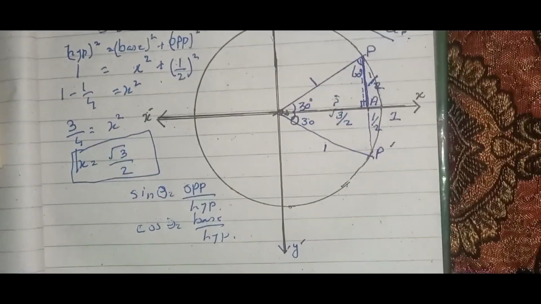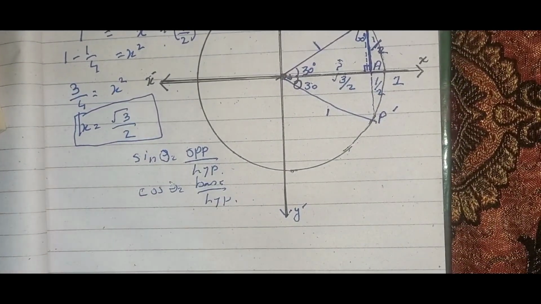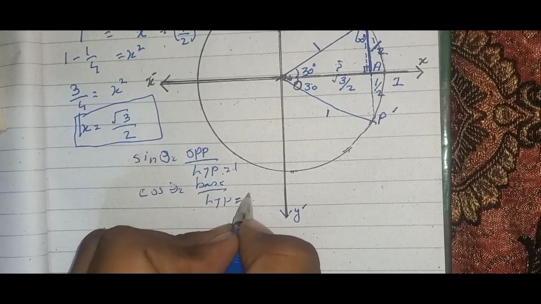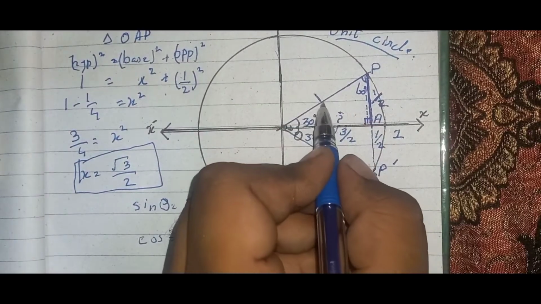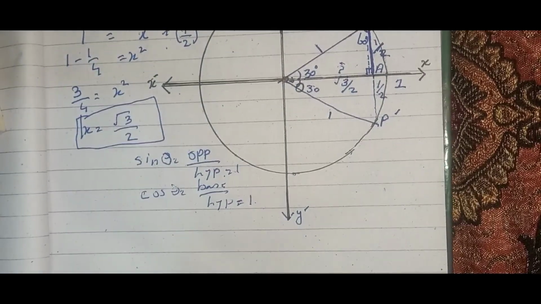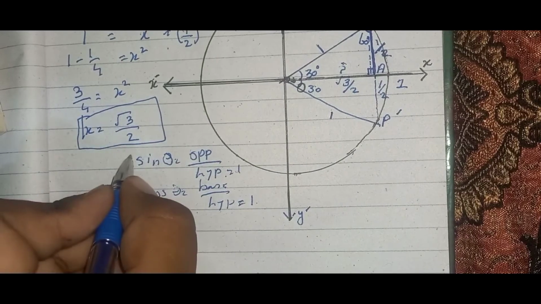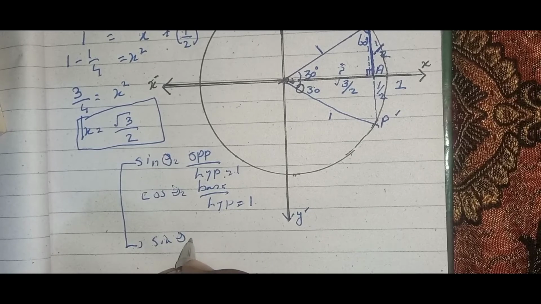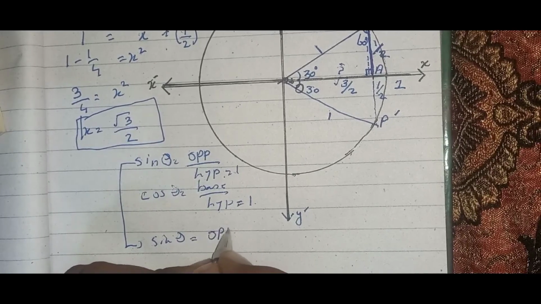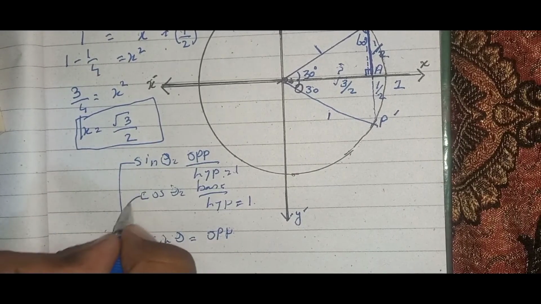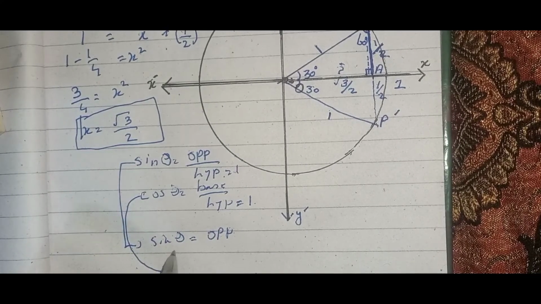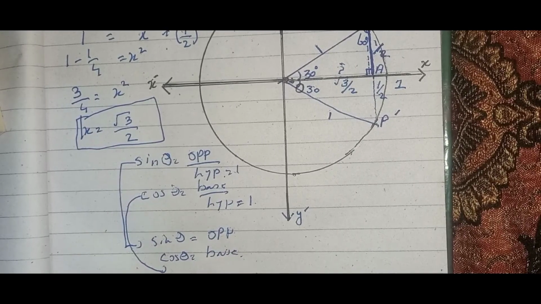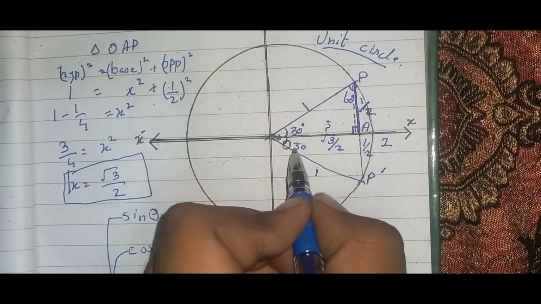We know that the value of hypotenuse is 1. So sin theta is equal to opposite, and cos theta equals base.